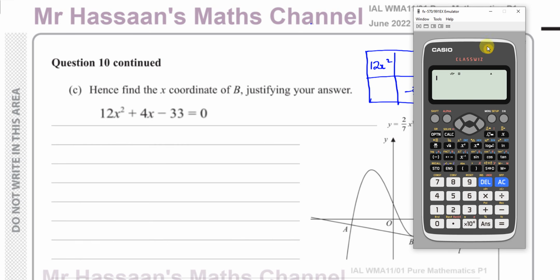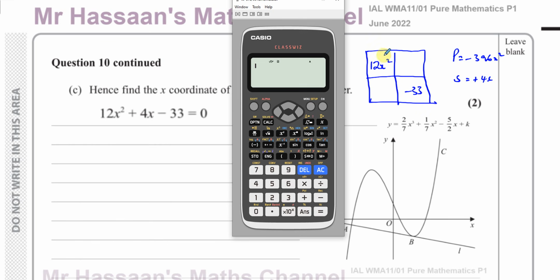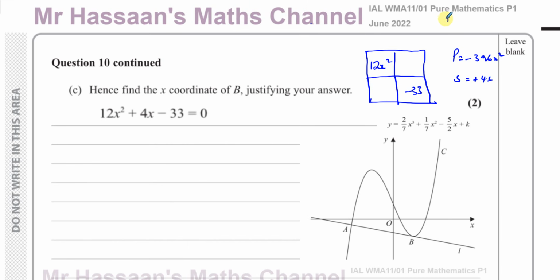Now I know that 12 times 33 gave us 396, so 11 definitely must be a factor of 396, because part of one of the factors is 33. If I divide this by 11, that gives me 36. So we have 11 times 36, which gives us 396.